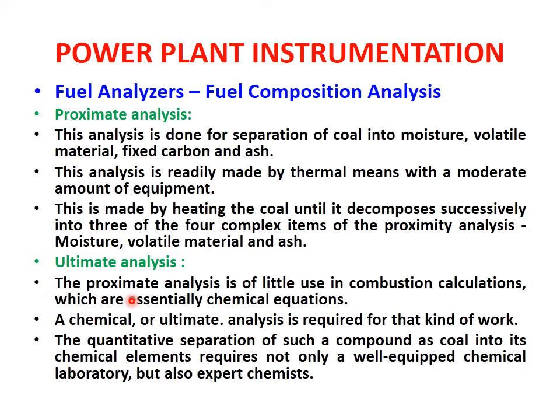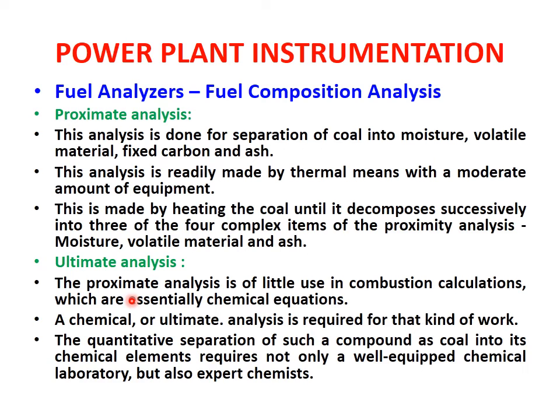Basically, it means if a compound is coal, then the coal will also be separated into its own chemical elements. We know the types of coals and their chemical composition also. So in ultimate analysis, each and every parameter is considered, and these parameters will help us to find the effective and accurate composition of fuel.